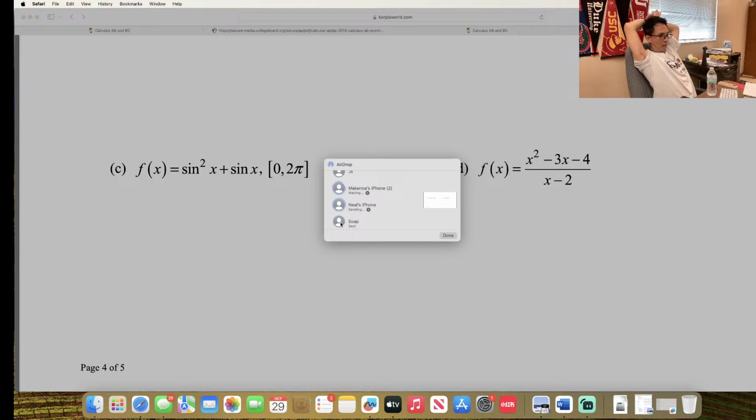Someone help me post it on the group chat. Thank you. Only the first 4 pages, not the last page.